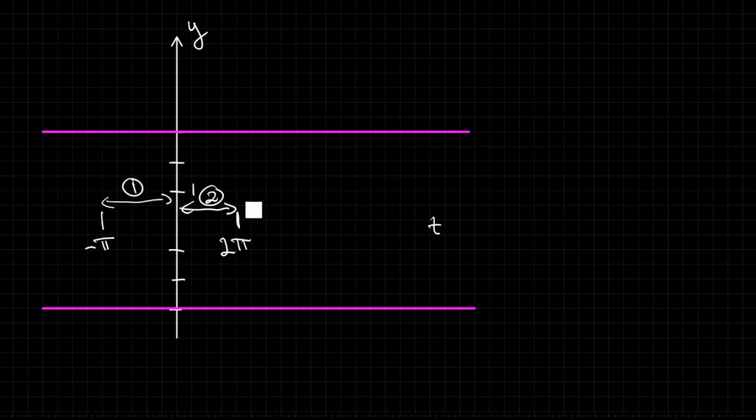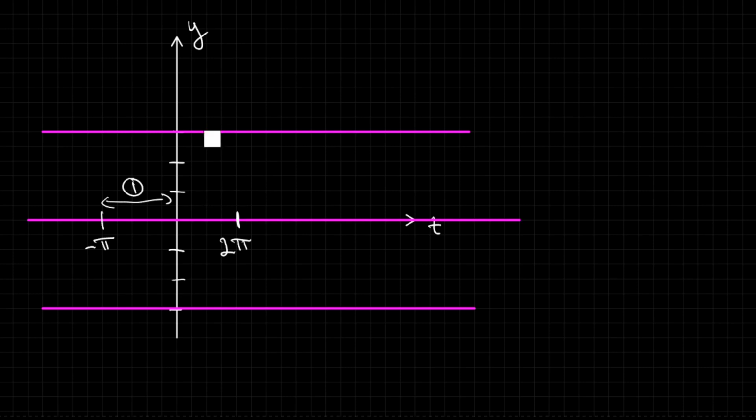So I'm going to choose that this here is minus pi, and then this will become pi. And then if I go a little bit more, then let's see, is that enough? Yep, this would be 2 pi, this would be 3 pi, and I think I need 0 as well.